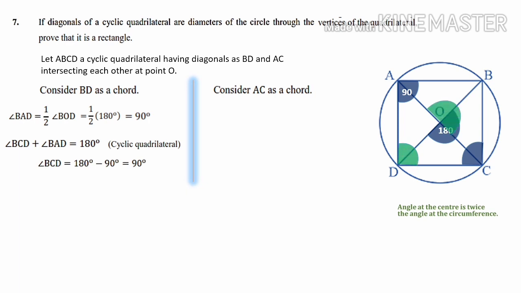The angle at the center is here, also marked in green color. So the same relation: angle at the center is twice the angle at the circumference. By using that, angle ADC is half of angle AOC. Half of angle AOC means half of 180, that is equal to 90 degrees.